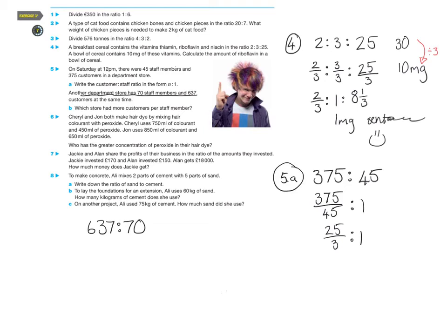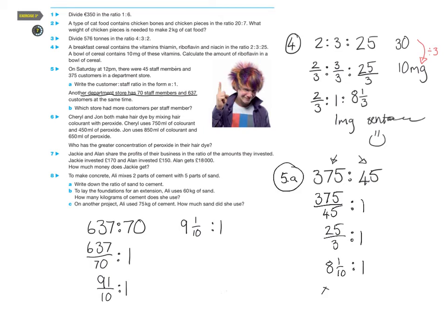So we're going to do the same ratio, same order as before, and we're going to do the same calculations as before so that we get it into n is to 1, and 637 divided by 70 is going to, when simplified, be 91/10 is to 1. Now what will make this easier to see is I've got 9 and 1/10 is to 1, and with the question before I had 8 and 1/3 to 1.